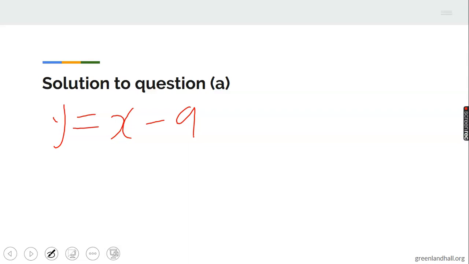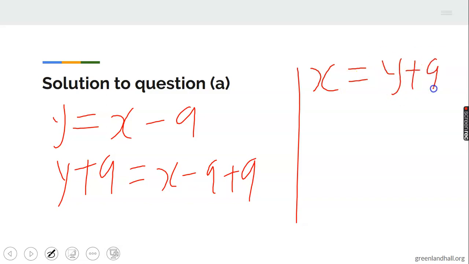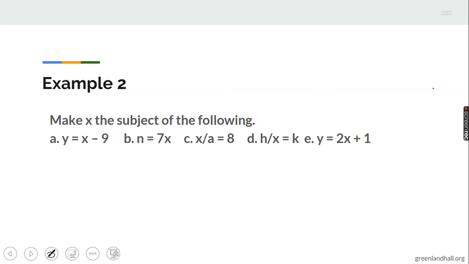Add 9 to both sides. Y plus 9 equals X minus 9 plus 9. So this will give me X equals Y plus 9. Yes, because minus 9 plus 9 gives you 0. What is in B?